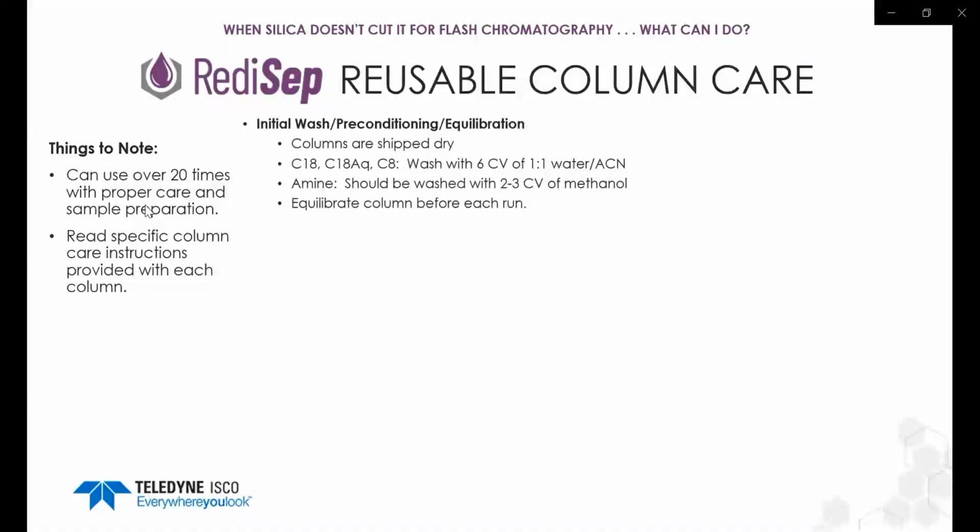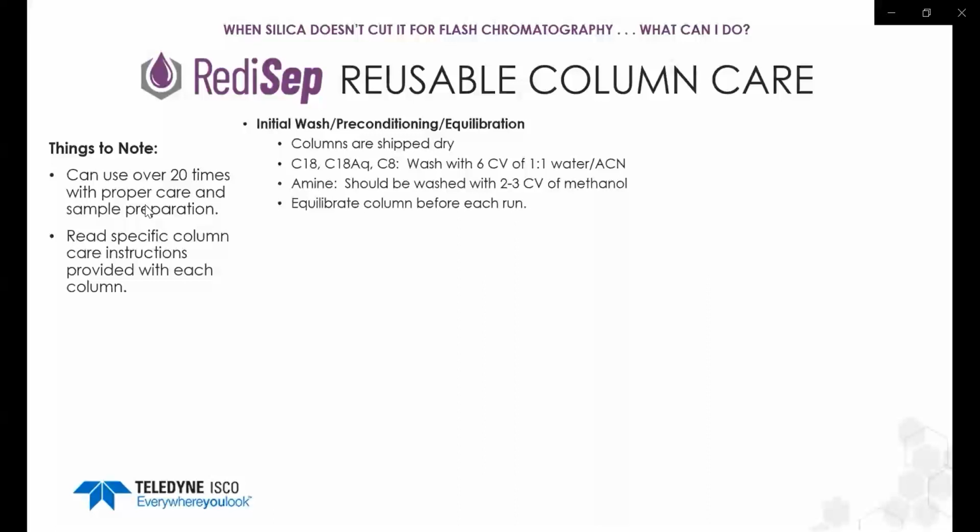If you're using a C18, C18AQ, or C8 column, in general, you want to wash that with 6 CVs of 1:1 water acetonitrile. What this does is it helps the ligands extend so that you increase access to the surface of the silica, so you can get interaction and retention.